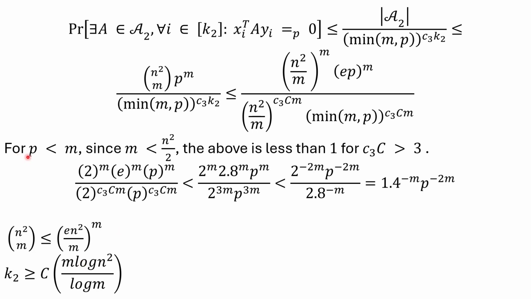For p less than m, since m is less than n squared divided by 2, the above is less than 1 for C3 multiplied by C that is greater than 3. We here substituted m with n squared divided by 2. From simple math, we get this is the result, which is less than 1.